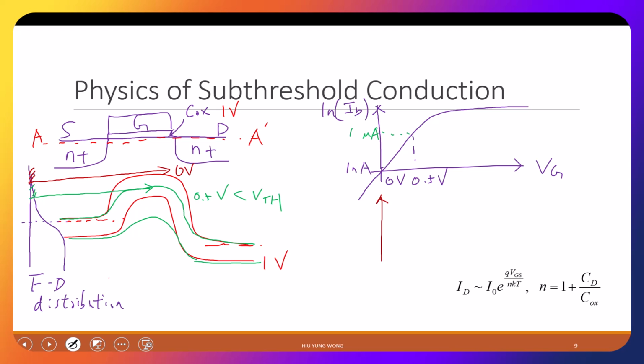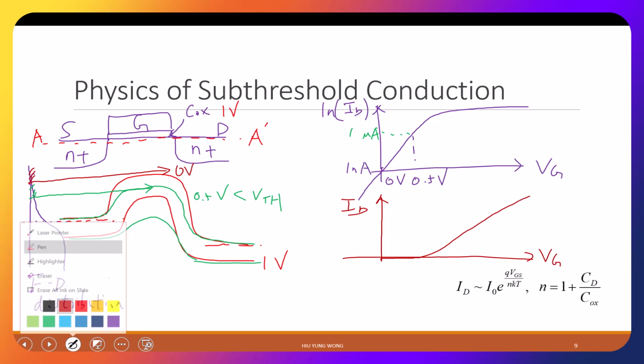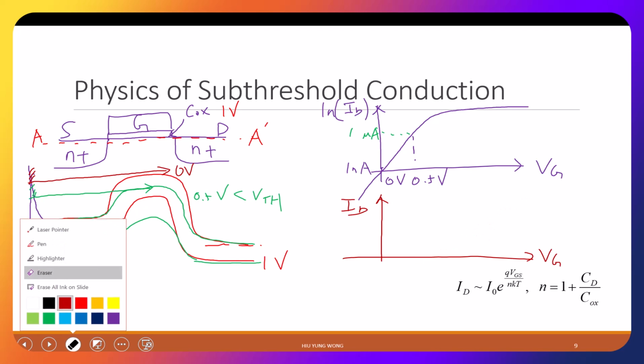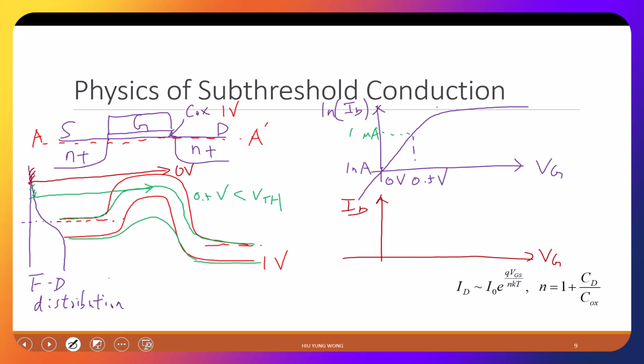If I put this in the linear regime, what would I see? I put it linear. I would see something like this. Exactly what we drew earlier. Need to redraw it. This might be the so-called threshold voltage. I don't see much, and then it goes up. Why?